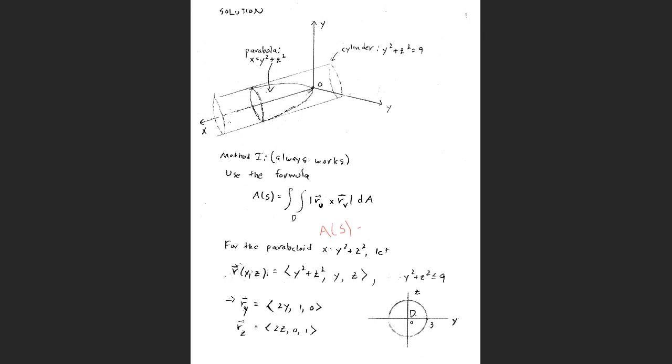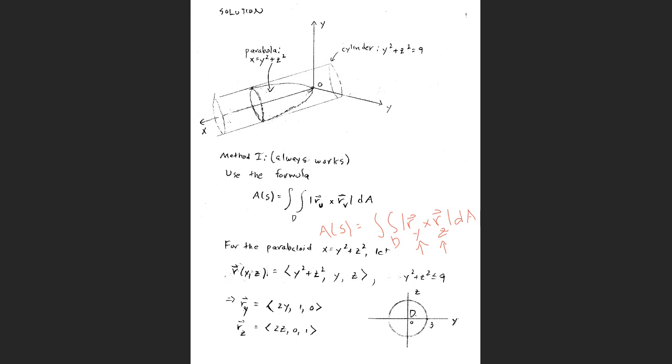It's the same type of formula, only I'm going to have the cross product of the derivative vector r sub y with the derivative vector r sub z. So my parameters are y and z in this problem.